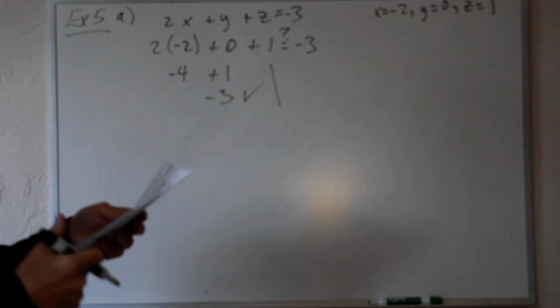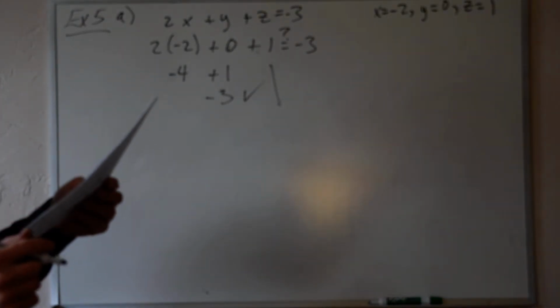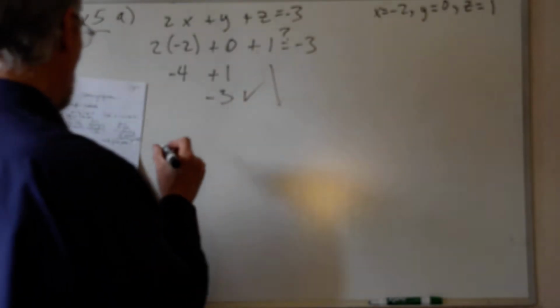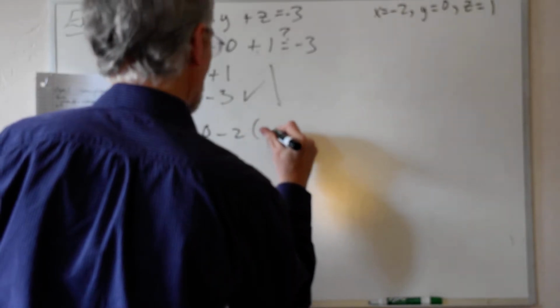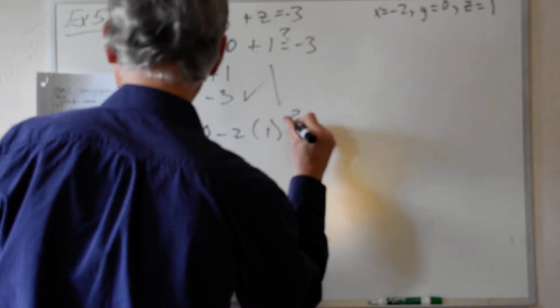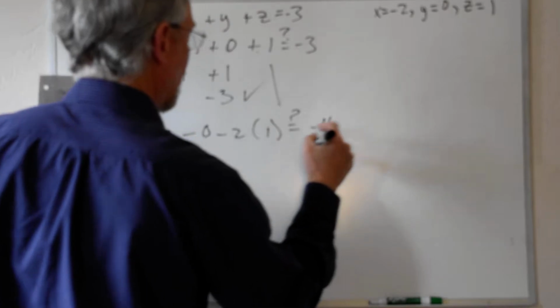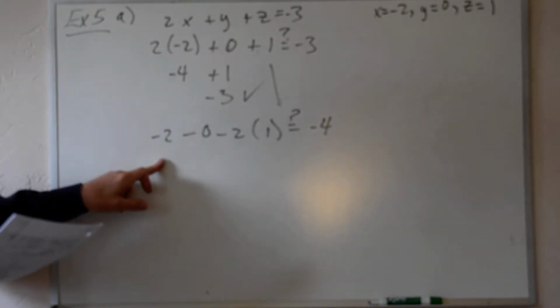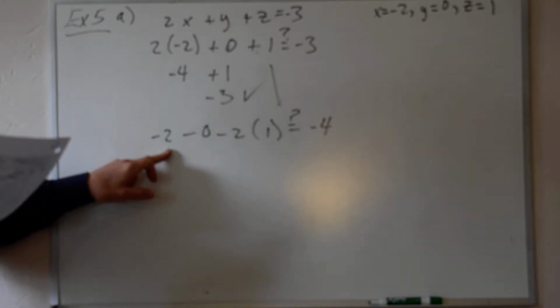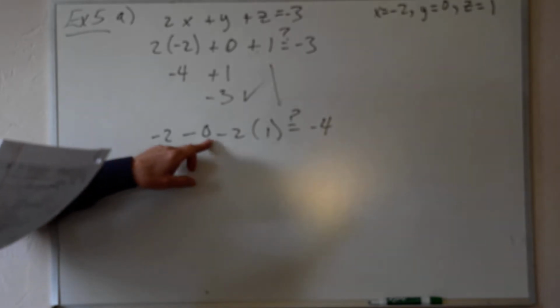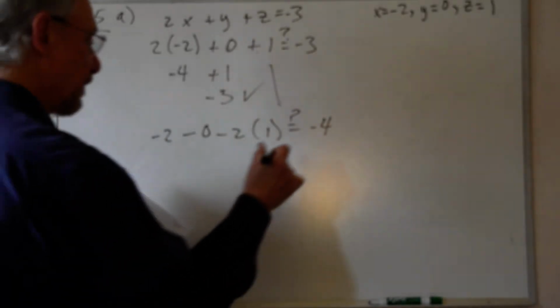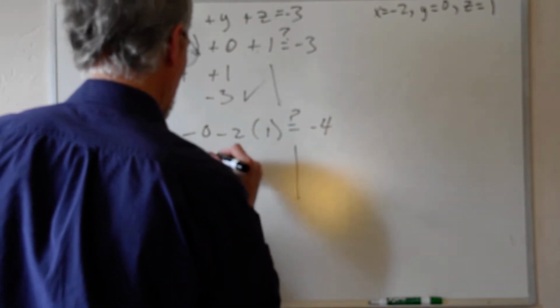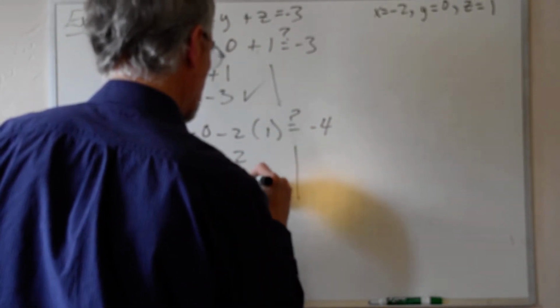Yes, it checks out. Let's write down the second equation, substituting in those values. All right, there's the second equation, and I've substituted in x equals -2, y equals 0, z equals 1. And is it going to check? Yeah, okay.